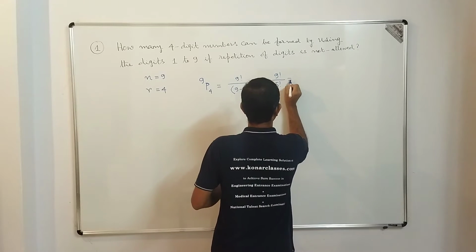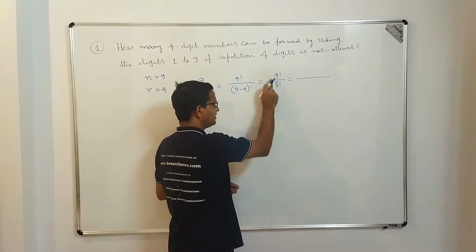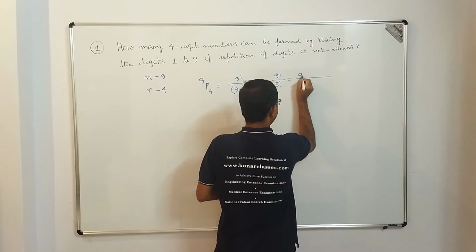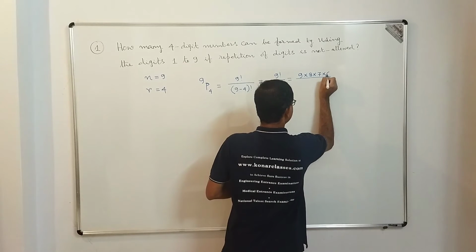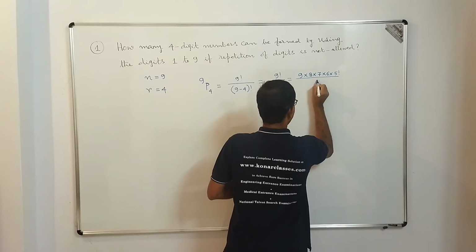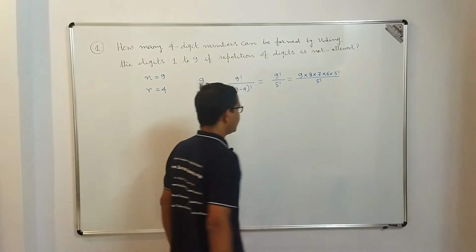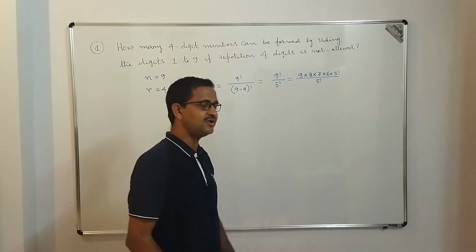So how to compute that? As factorial 5 is smaller than factorial 9, we proceed like this: 9 into 8 into 7 into 6, and after that we write 5 factorial, because the 5 factorial in the numerator gets cancelled with the 5 factorial in the denominator.